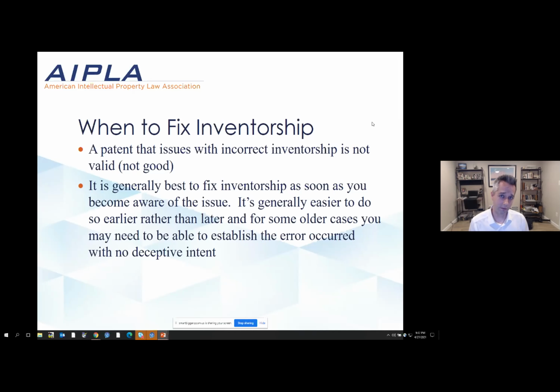And for some of the older cases, they're still in play. Probably this gets phased out as we move further and further into AIA world. But for some of the older cases, you still may need to establish that the error which caused the incorrect inventorship occurred with no deceptive intent.